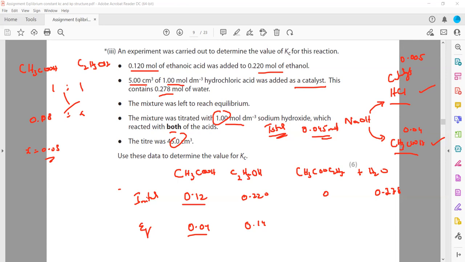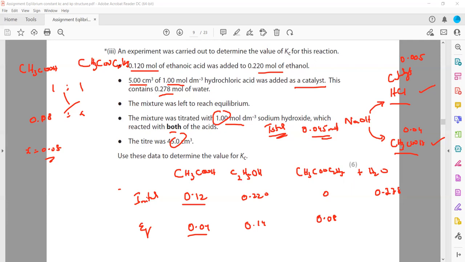And then we take a ratio between ethanoic acid and ethyl ethanoate. Again, they have the ratio 1:1. The ester CH3COOC2H5. So 0.08 will be X. So when you cross multiply, it will be 0.08. And then about the water, we already have this many moles.